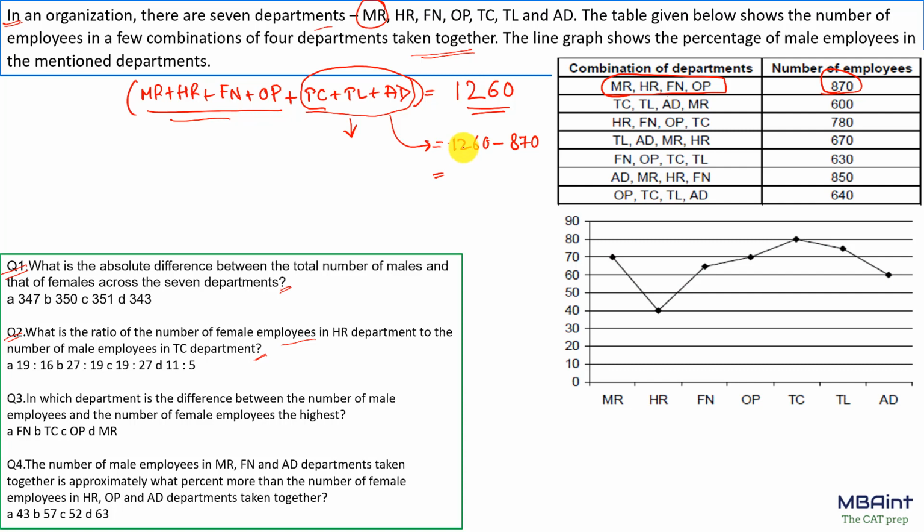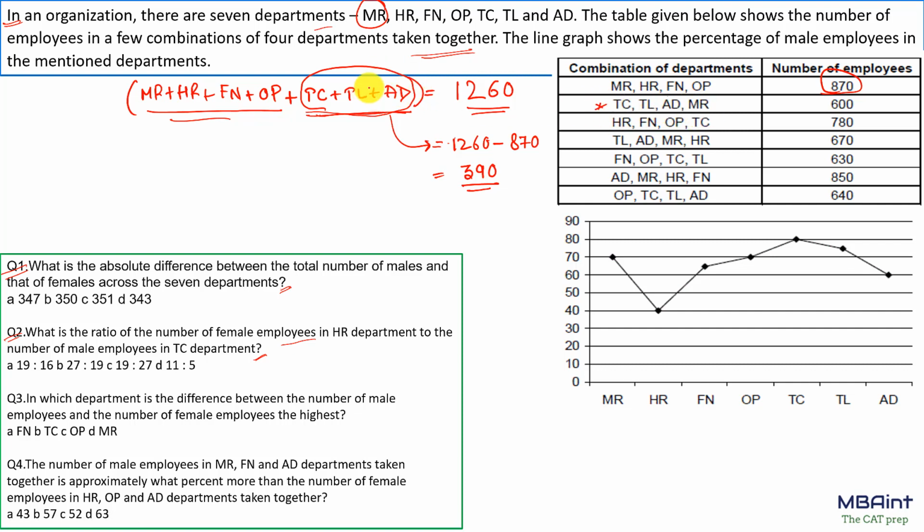So what is the exact value? This is 390. So the value of TC, TL and AD together is 390. Now where does this TC, TL, AD come in the possible combinations? If we quickly look, it is in our second set of values.